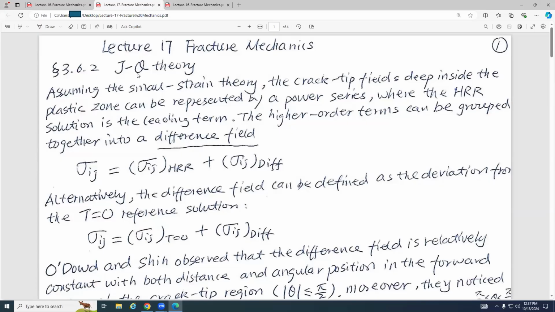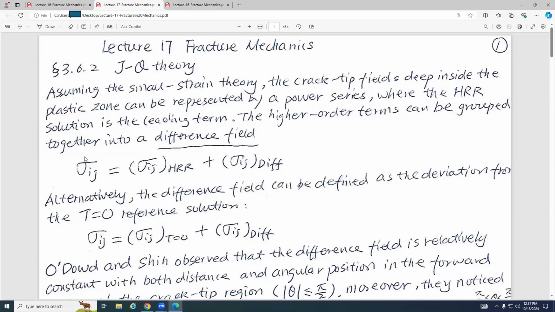This second one is used to describe large scale yielding. Assuming small strain theory, the crack tip field deep inside the plastic zone can be represented by a power series, where the HRR solution is the leading term, and the higher order terms can be grouped together into a difference field.